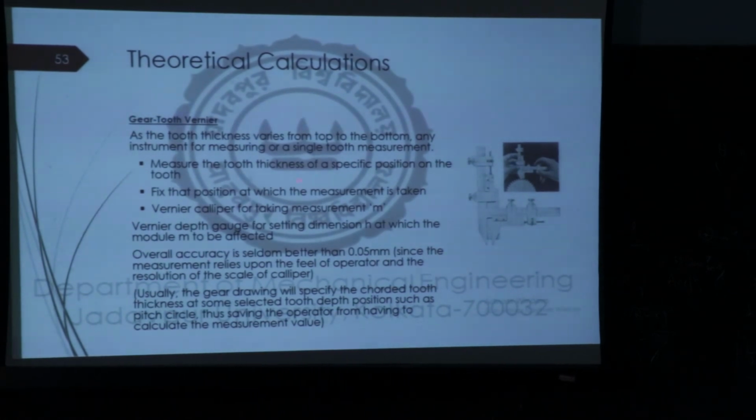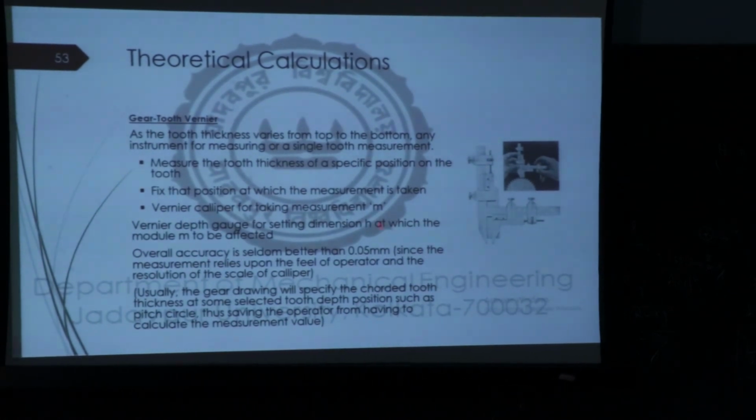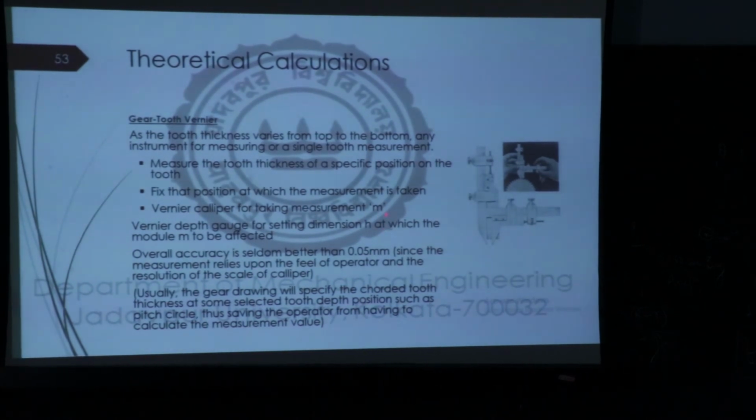You first fix that position and you take the measurement M. This M should be capital M, not small m. Do not confuse, this M is the width of the thickness, not the module. Capital M it should be. So excuse some typos over here.